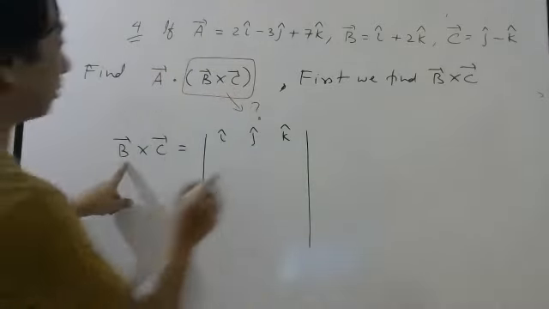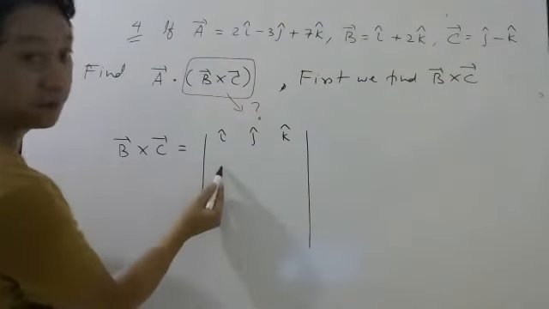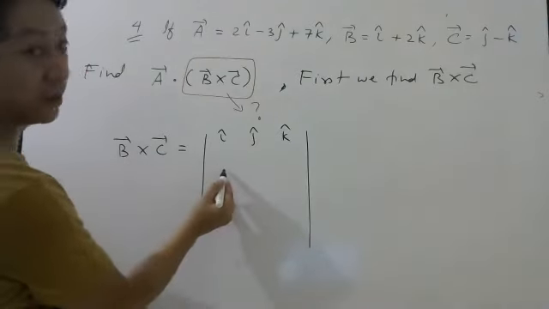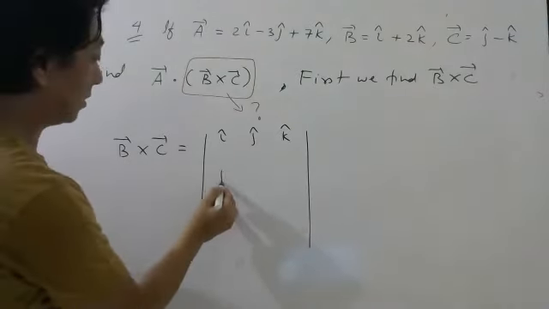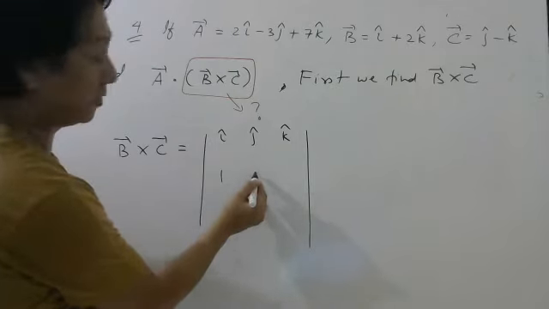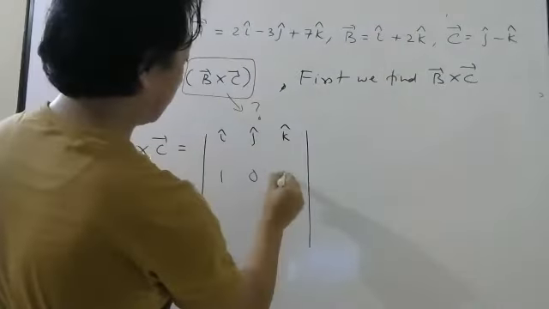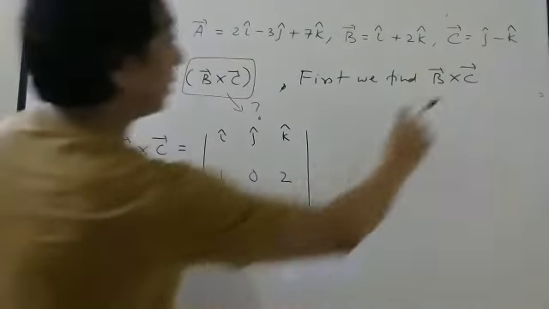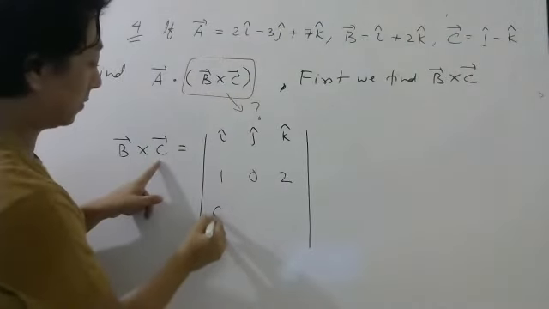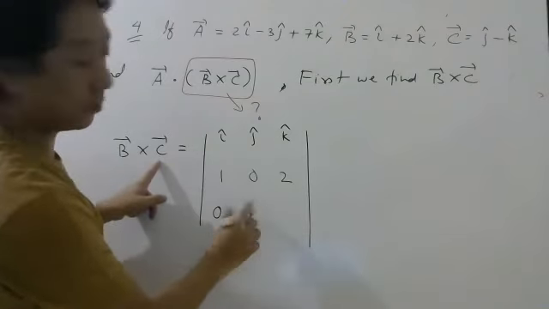So what is the X component of B bar? Tell me. What number should I write here? B bar first. 1. Here 0, because this has no Y component. And K is 2. Then for C bar, what will be here? For C bar, 0. Here, 1.